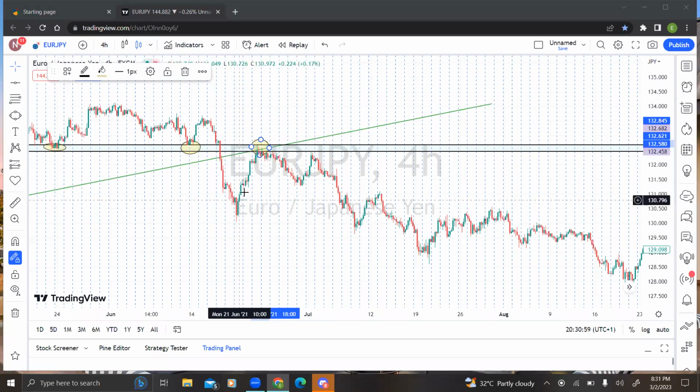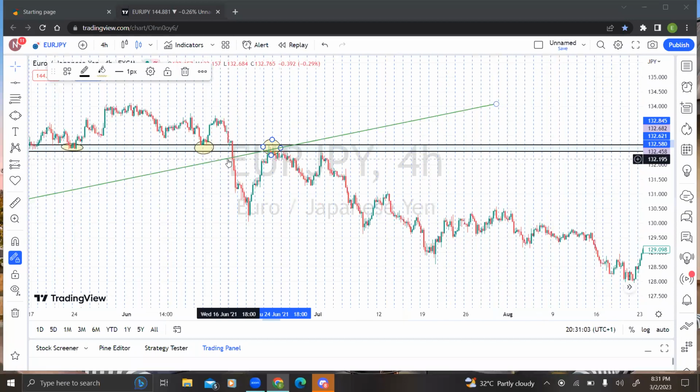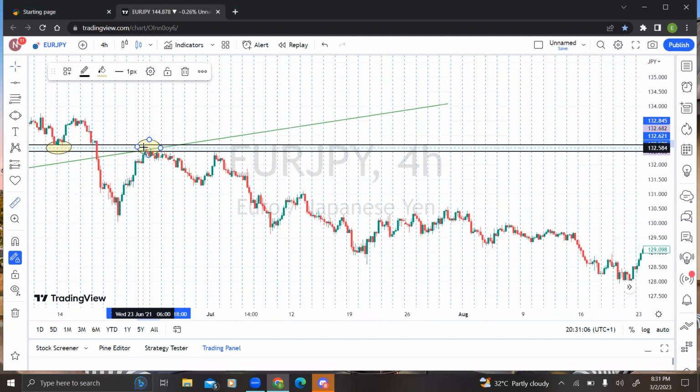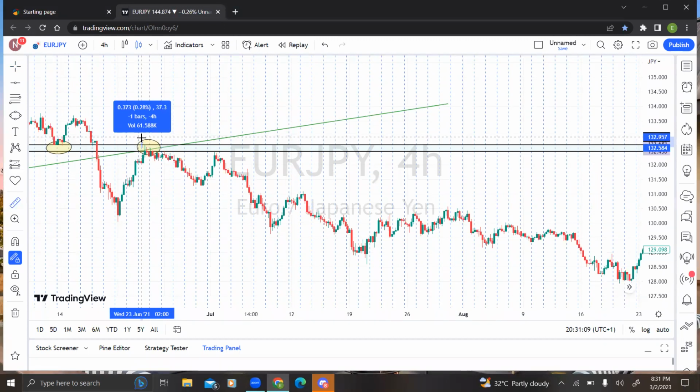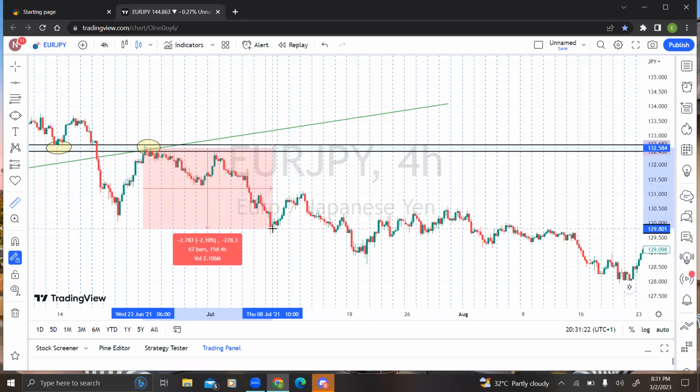Not only did it do that, it came back to retest what was previously a support, identifying it as a floor. And come on, if all you did was capitalize on this, how many pips would you have risked? Even if you risked 30 pips, look, the first move it made was about 127 pips. Came back into that zone again. The second move it made was about 278 pips.